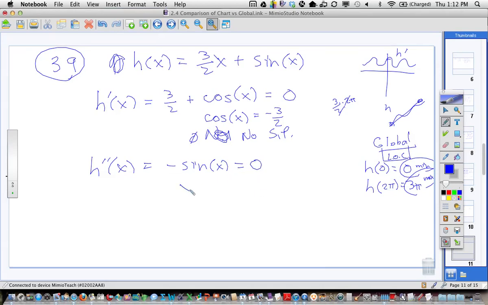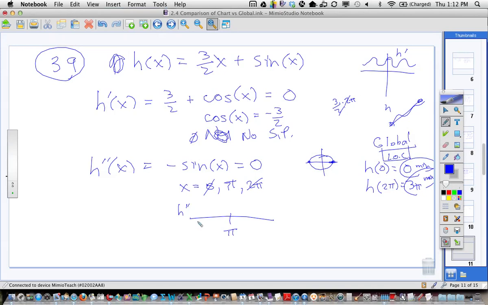Where does that equal 0? On the unit circle, where does sine equal 0? 0, pi, 2 pi. But we said the other day that we do not want to count the endpoints as inflection points. We also do not count the endpoints as local max mins, because we have to look on both sides, and we don't have that at the endpoint. So pi is going to be our only possible inflection point.